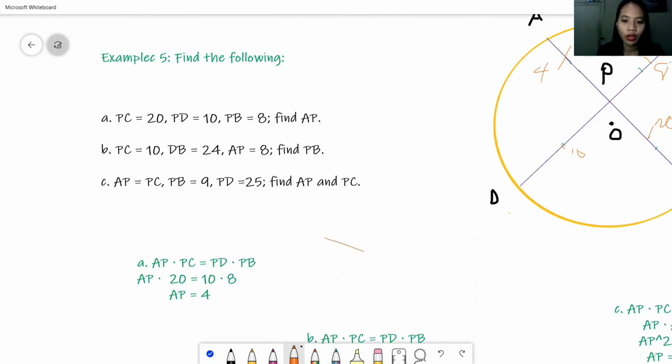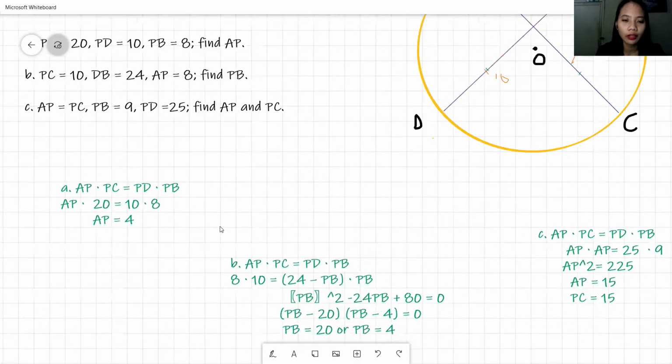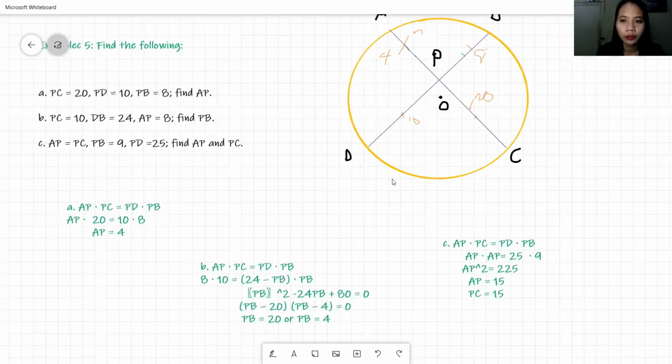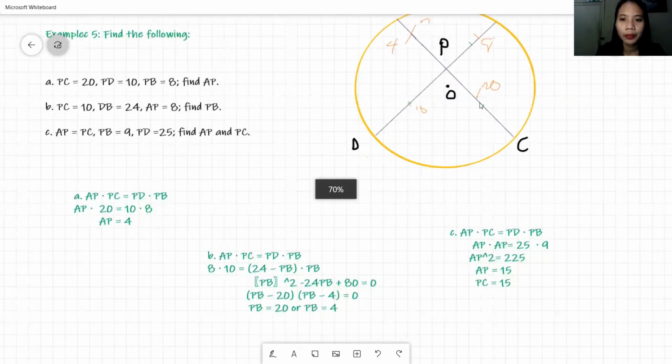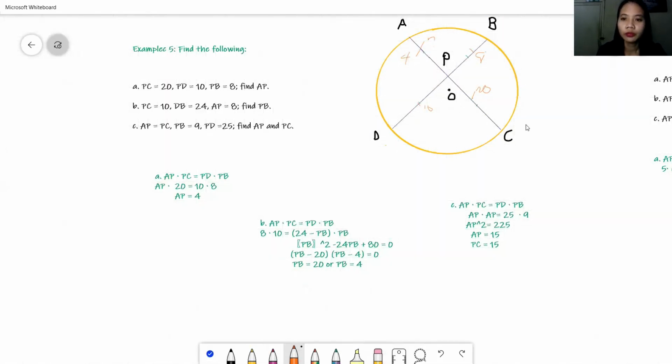Now let us proceed to our problem B. In problem B, the given is that PC is 10, and then our DB is 24, and then our AP is 8.